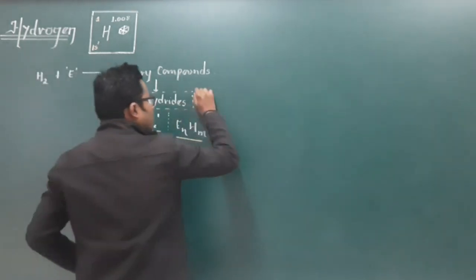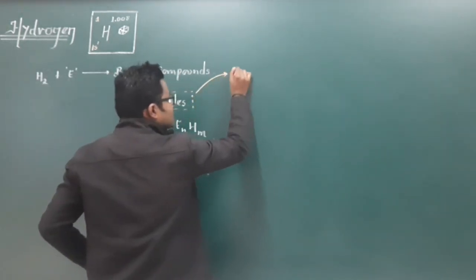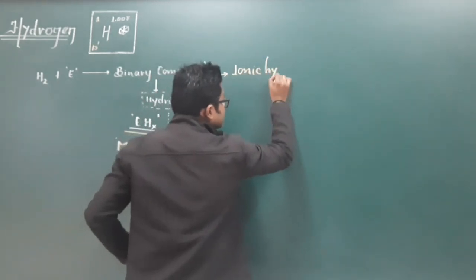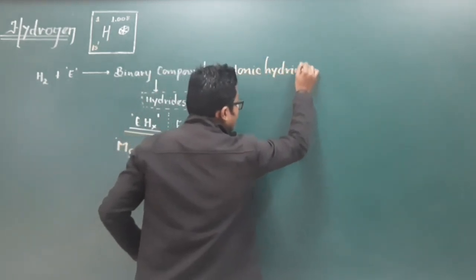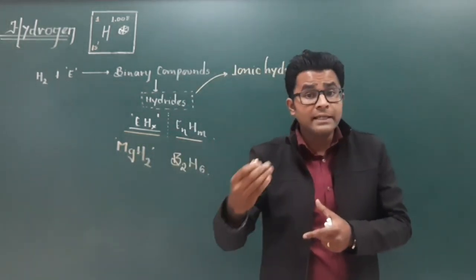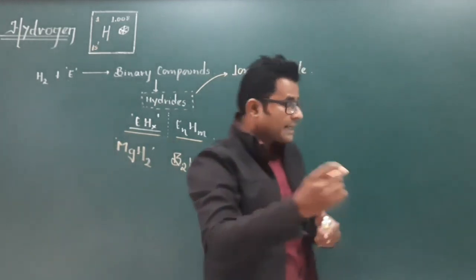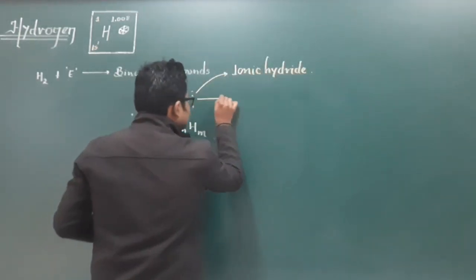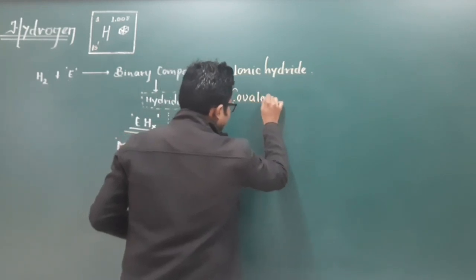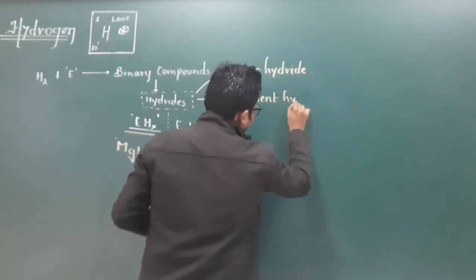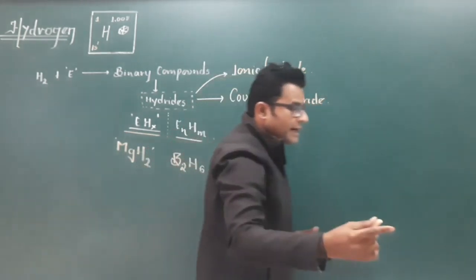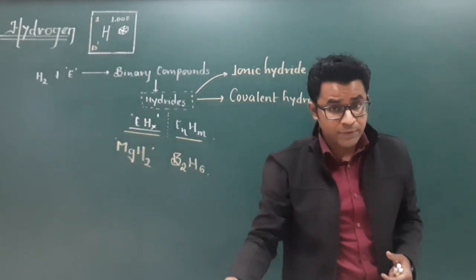The first one is called ionic hydride, or we can also call it a salt-type hydride or saline hydride. The second one is called covalent hydride, or molecular hydrides also.